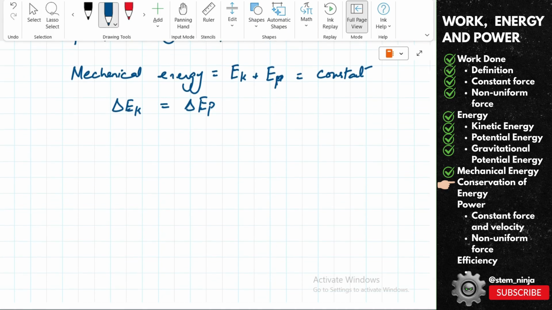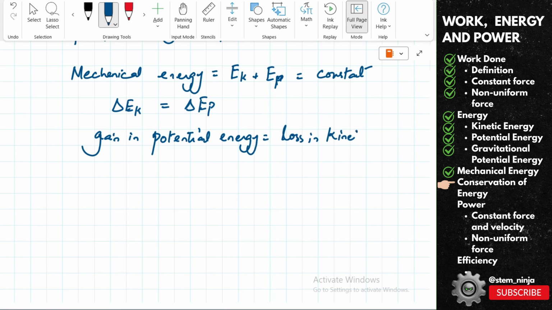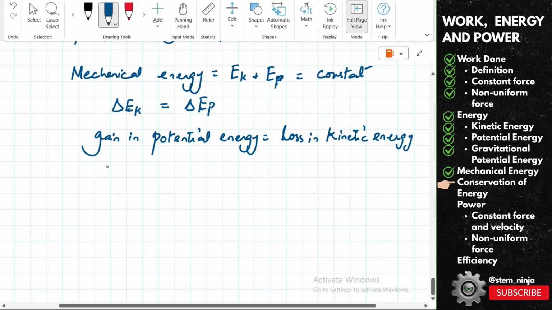So this would mean that the gain in potential energy will be equal to the loss in kinetic energy. Similarly, the loss in potential energy will result in a gain in kinetic energy.